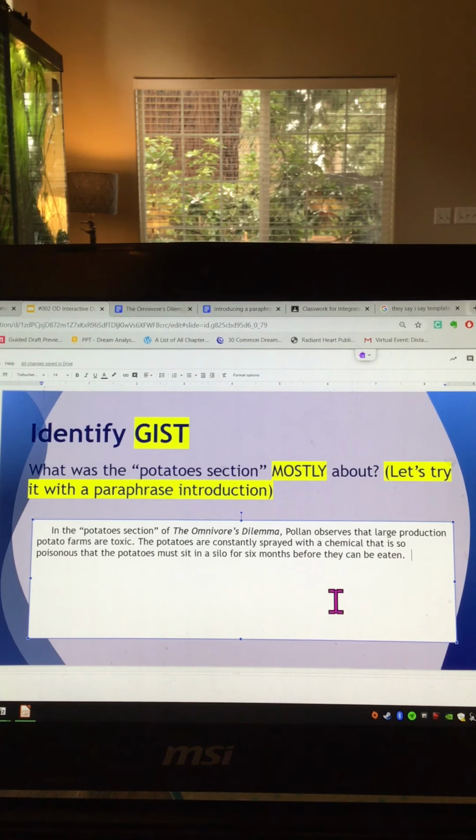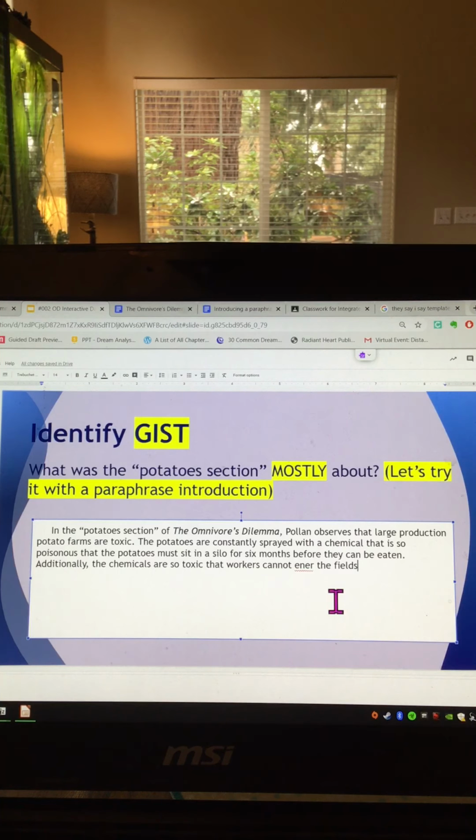Okay. Additionally, so that's a good transition word. Additionally, the chemicals are so toxic that workers cannot enter the fields for how many days does it say?